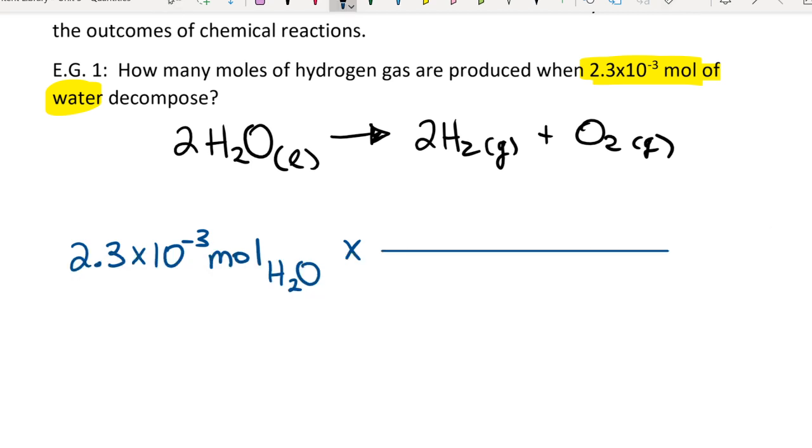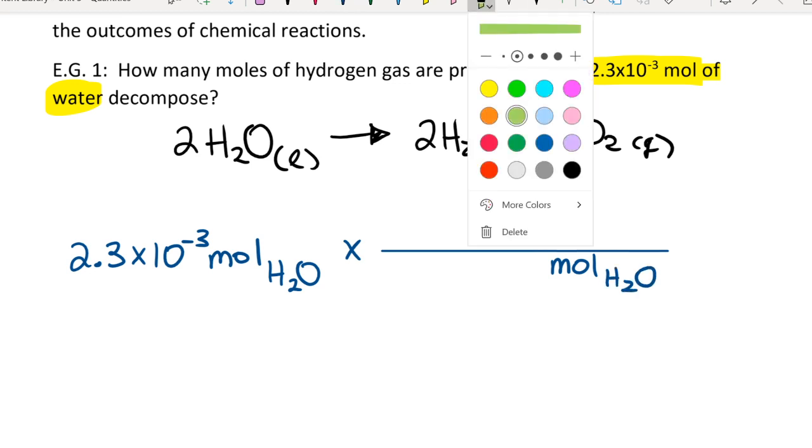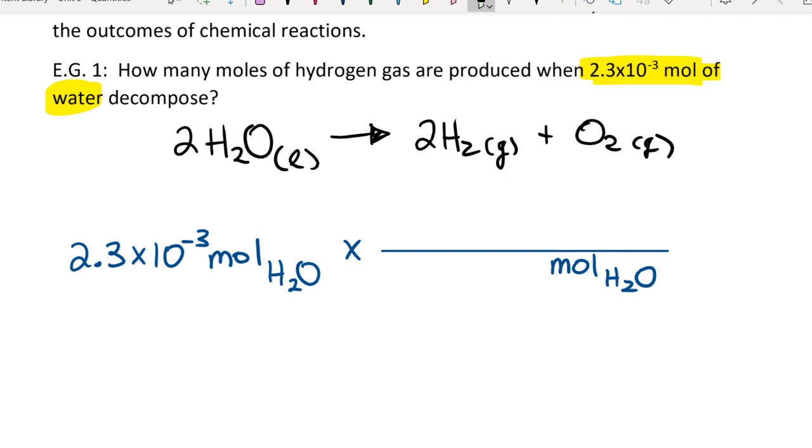And what unit do I put on the bottom of that fraction? Yeah, the unit we're getting rid of. In this case, what don't I care about? I don't want to know how many moles of water. What do I want to know? Yeah, I want to know how many moles of hydrogen gas. So where am I going to put that? On top. Now we're starting off with a very easy question.